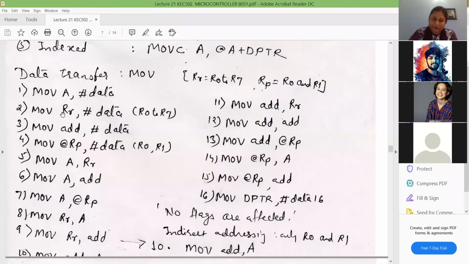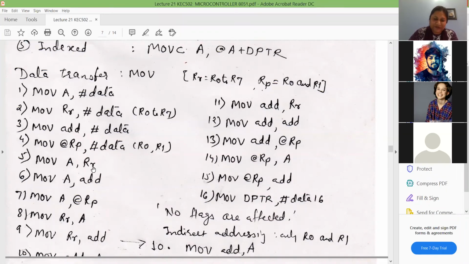Before this instruction, you have to specify the bank, so that R0 to R7 will refer to that particular bank. Then you can transfer the immediate data to any RAM location. That RAM location is an 8-bit location, so it is specified as direct address.